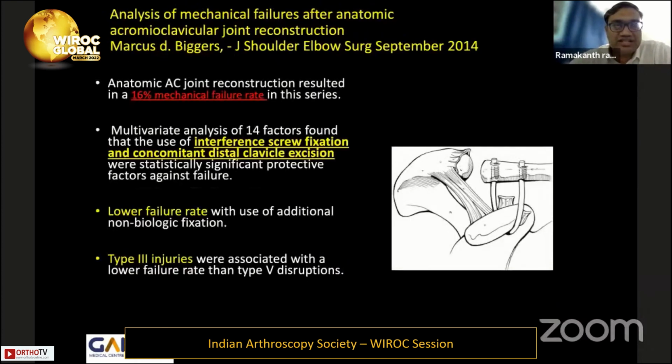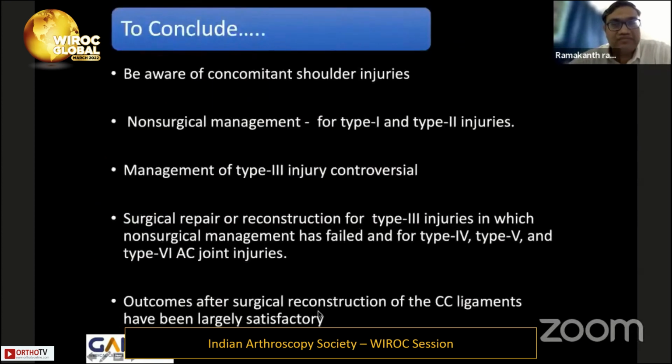The other analysis of various mechanical failures after AC joint reconstruction showed a 16% mechanical failure, especially when they do reconstruction with interference screws and in concomitant distal clavicle excision patients. The failure was lower with the use of additional non-biological fixation, and type 3 injuries were associated with lower failure than type 5 injuries.